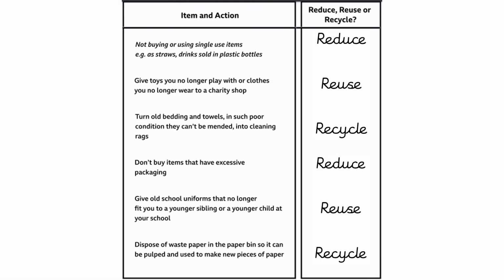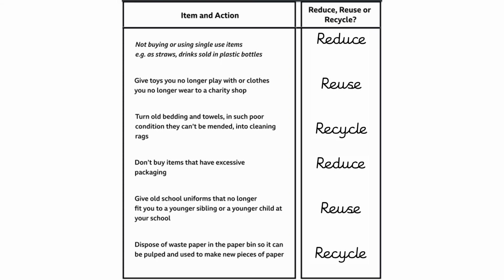Okay, and there's the answers for you. So you should have got them in that order actually. Reduce, reuse, recycle. Reduce, reuse, recycle. So not buying or using single-use items such as straws, drinks sold in plastic bottles. It's reduce. Give toys you no longer play with or clothes you no longer want to a charity shop is reuse.